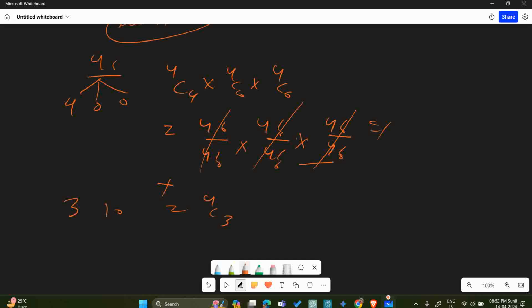Alright, this is 4C3 into 4C1. 4C3 and 3C1 is like this, I think. 3C1, and like that, and 2C0. 4C3, 1C1 is like 4 factorial upon 3 factorial into 1 factorial into 4C1, upon 2.